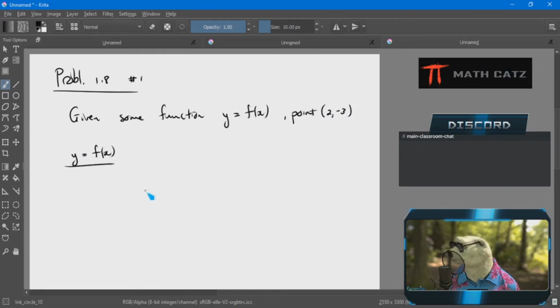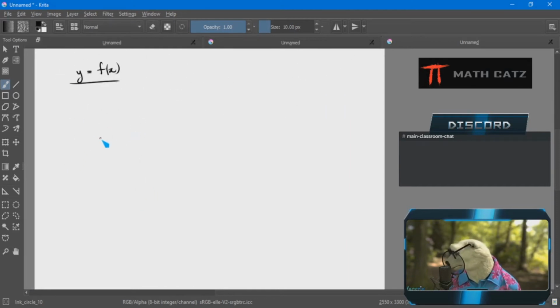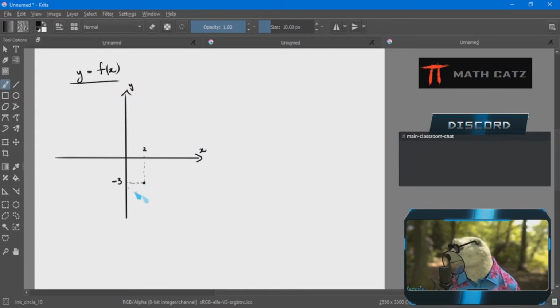I don't know exactly the specifics of the function, but I can sort of visualize it. Now the point 2, -3 is going to sit over here somewhere, right? 2 for x, -3 for y.